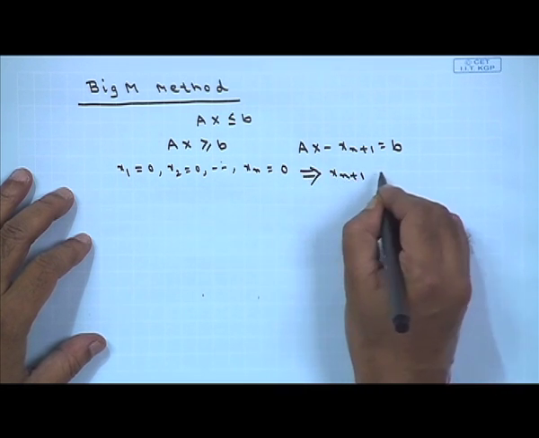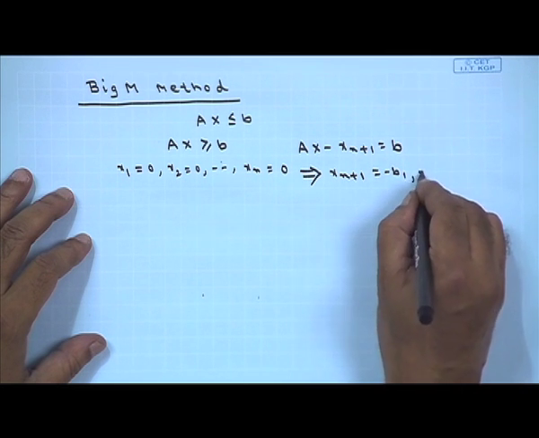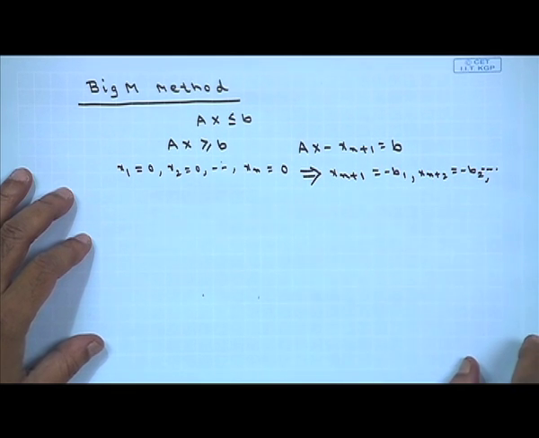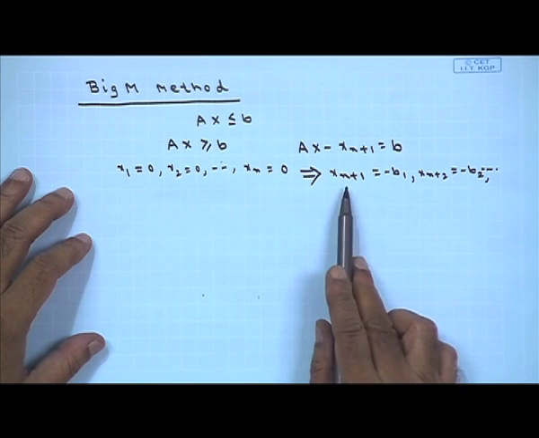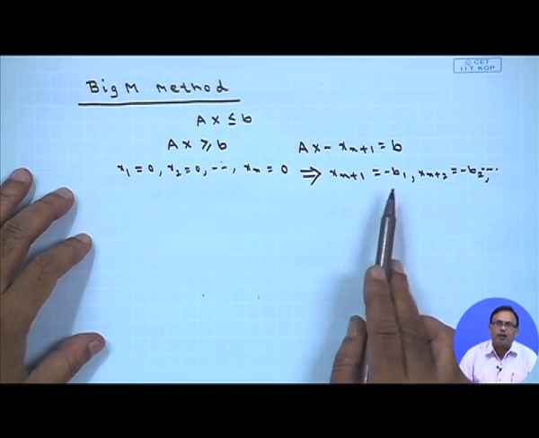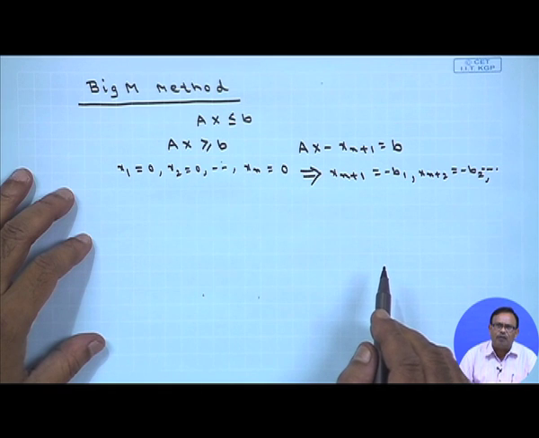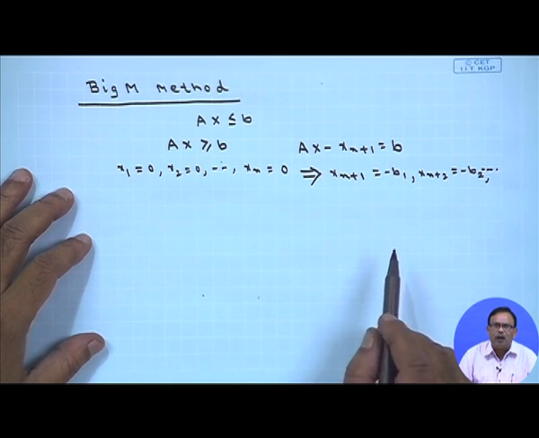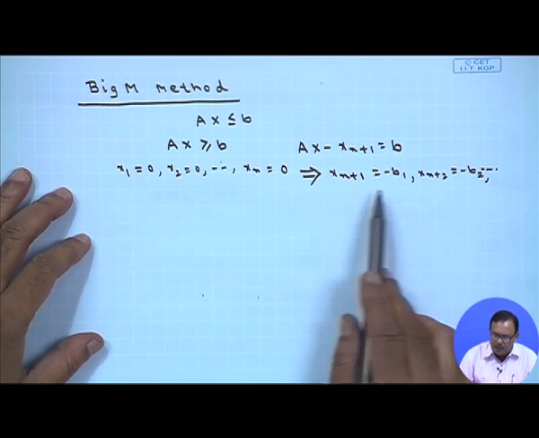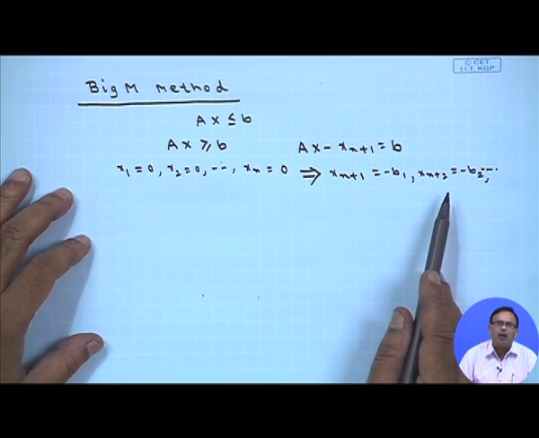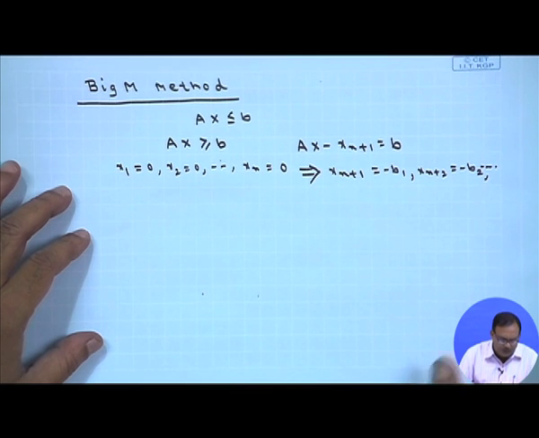It implies x n plus 1 equals minus b 1, x n plus 2 equals minus b 2, and like this it will go on. You see the variables x n plus 1, x n plus 2 are all negative, but in our LPP we have said that all the variables must be non-negative. So, this is a problem. These variables x n plus 1, x n plus 2 are negative, so we cannot consider these variables.